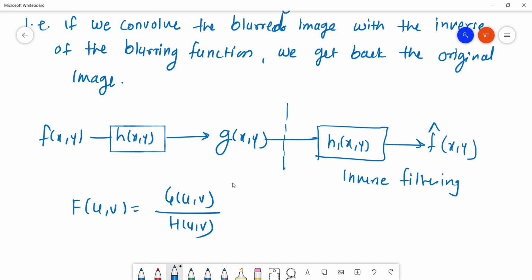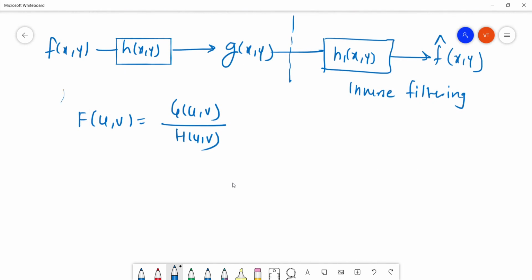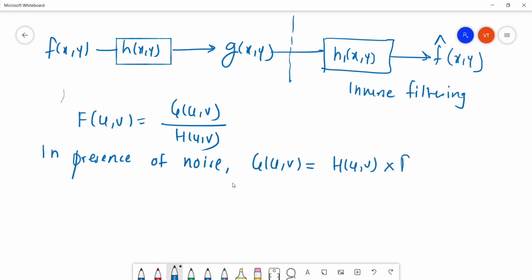Now if we add noise, in the presence of noise, G of u,v equals H of u,v into F of u,v plus capital N of u,v.